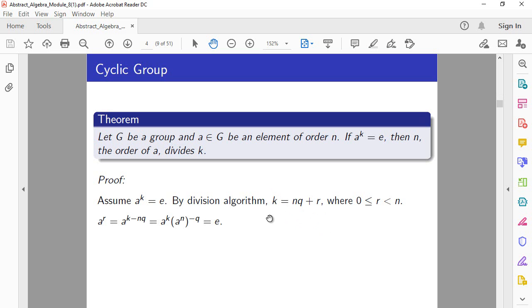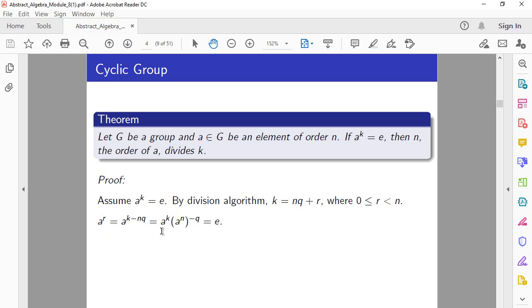Okay, then what is A to the r? Well, if you solve for r here, you get r is equal to k minus nq. So A to the r is equal to A to the k minus nq. Now that we can rewrite as A to the k multiplied by A to the n to the negative q by using laws of exponents.